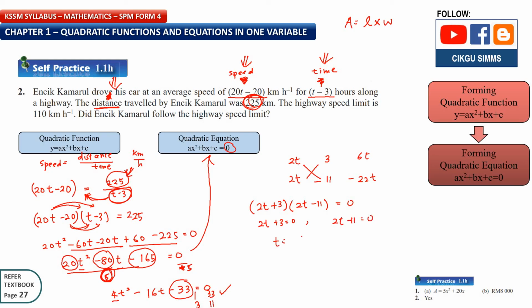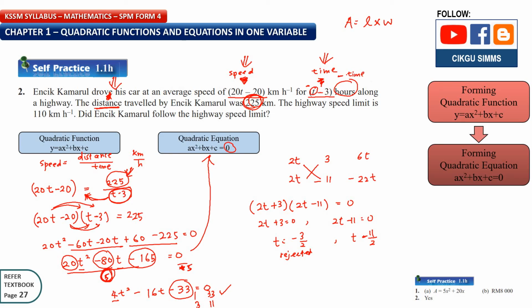Okay, and then you can solve it. Normally we will reject the negative answer, because you see the time is in hours, right? If you put a negative number here and then you minus some more, it will be a negative time.